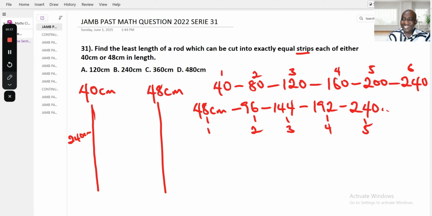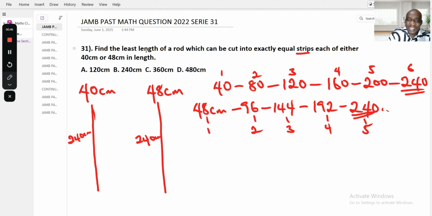It means that the same length of the rod, 240, we are going to cut into 40 in 6 stripes, while we are going to cut the same rod 240 into 5 pieces or 5 stripes. Which means, what is the least of the length?